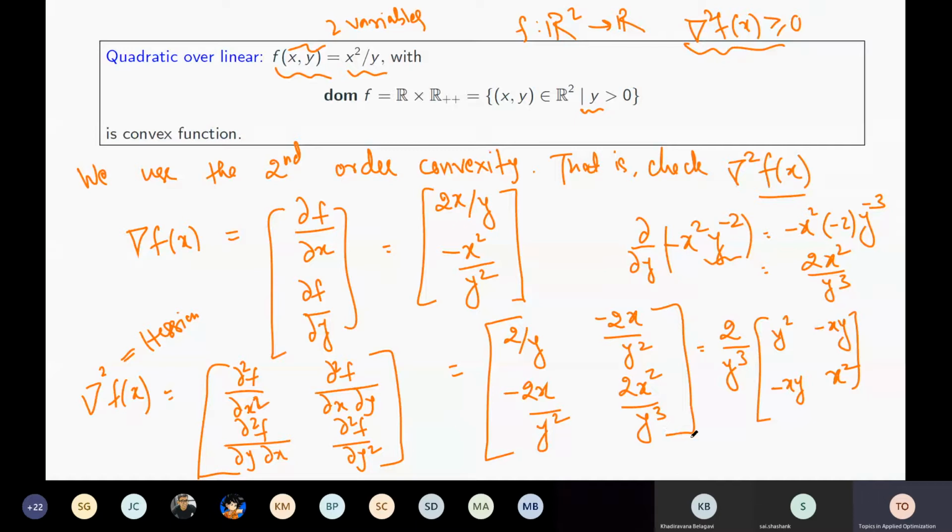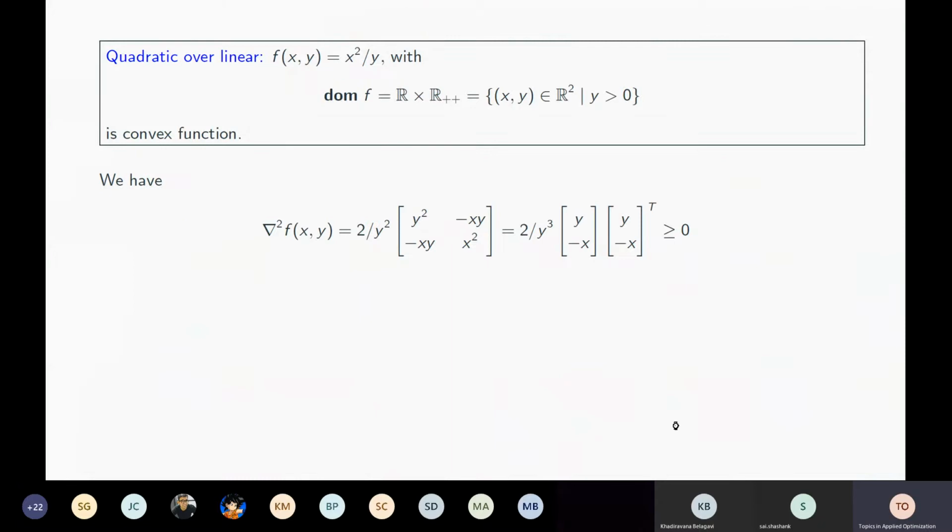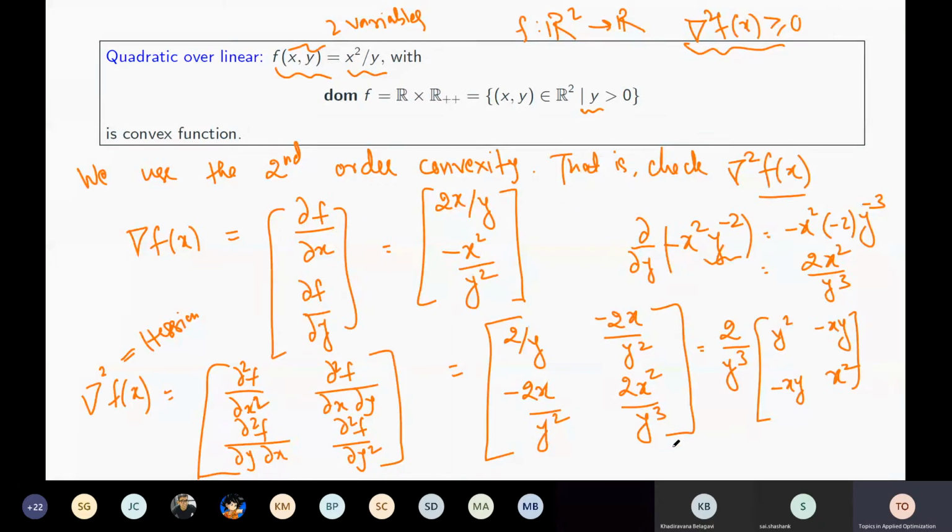Okay, so now this can be written as, okay, I don't have a space here. So this can be written as 2 by y cube, and I can write this in the form of y minus x outer product with y minus x transpose.